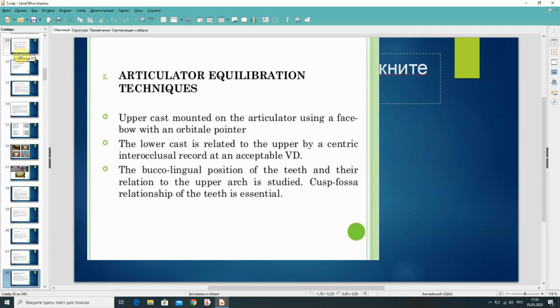Articulator equilibration techniques. The upper cast is mounted on the articulator using a face bow with an orbital pointer. The lower cast is related to the upper by a centric interocclusal record at an acceptable VD. The buccolingual position of the teeth and their relation to the upper arch is studied. Cusp-fossa relationship of the teeth is essential.